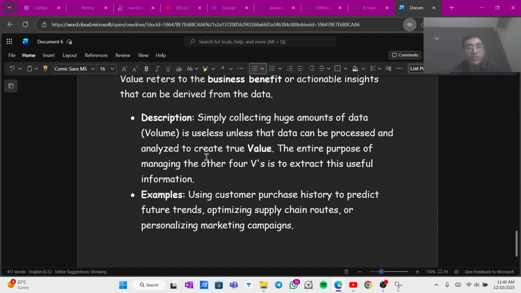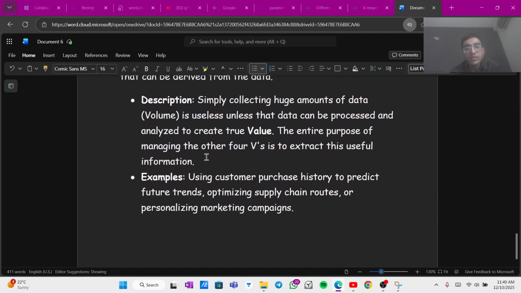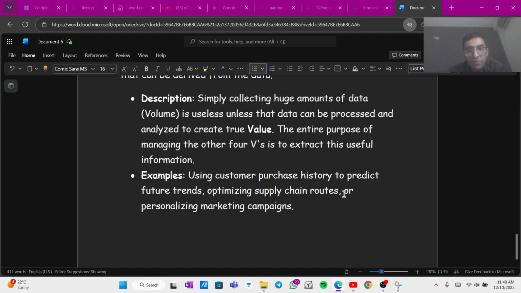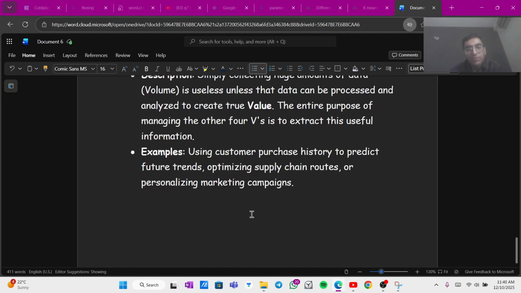The entire process of managing the other four V's is to extract this fifth V, which is value, for example using customer purchase history to predict future trends so that we can acclimatize our whole business or project according to what we have analyzed, optimizing supply chain routes or personalizing marketing campaigns.